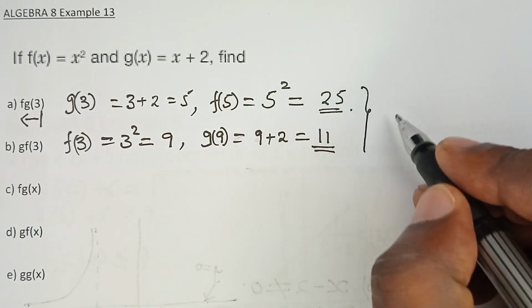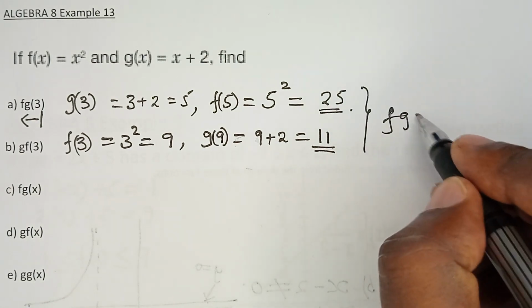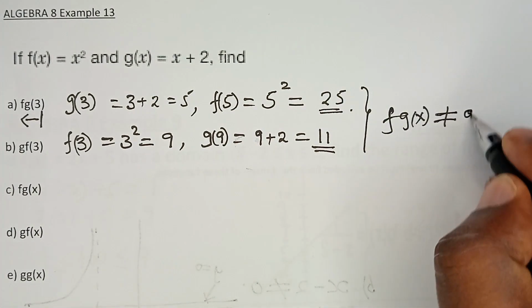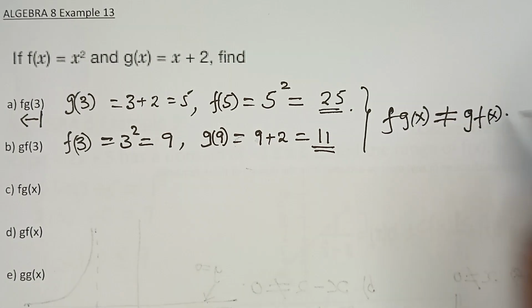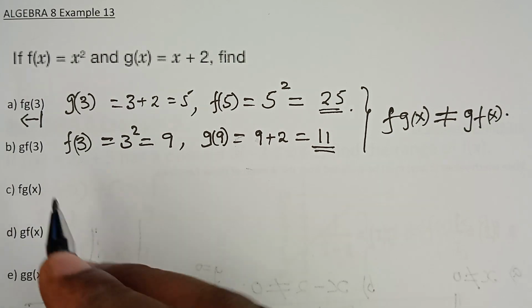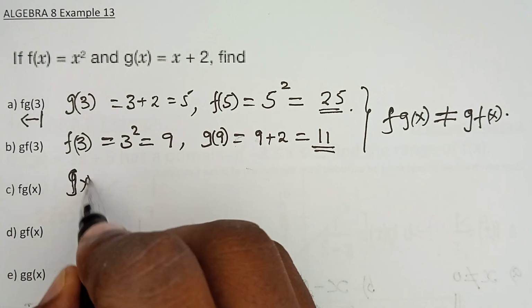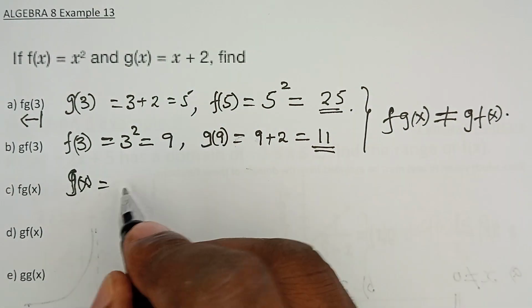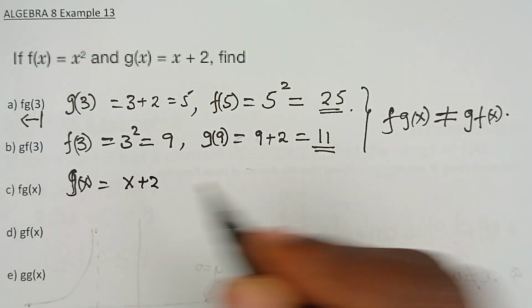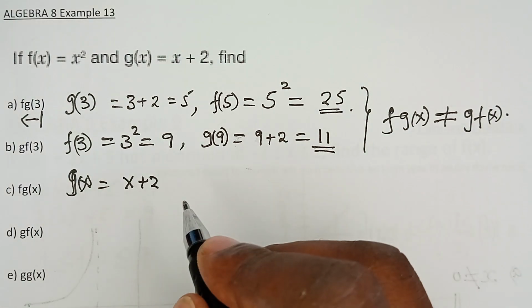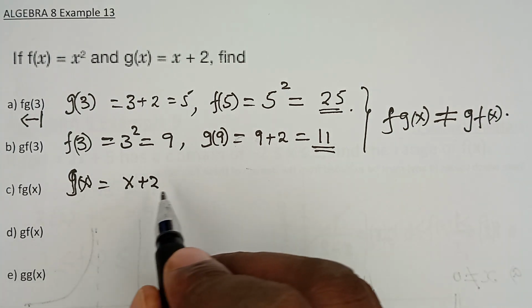In fact, we can just conclude that fg(x) is not equal to gf(x). It's not automatic. What about fg(x)? We start with g(x), and g(x) is simply x plus 2, because x itself is not known.